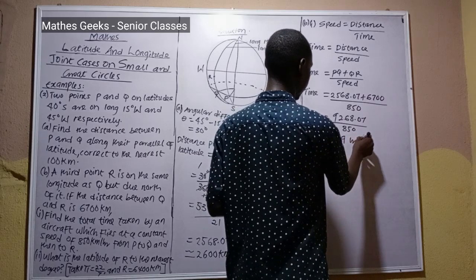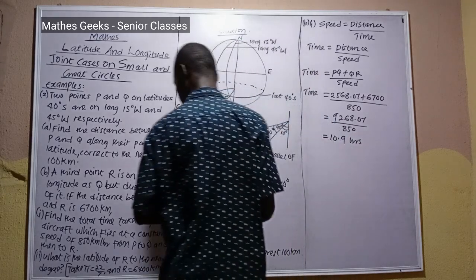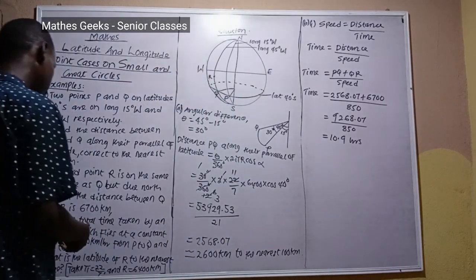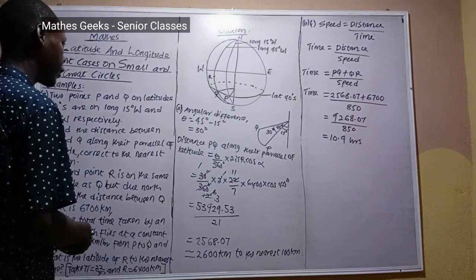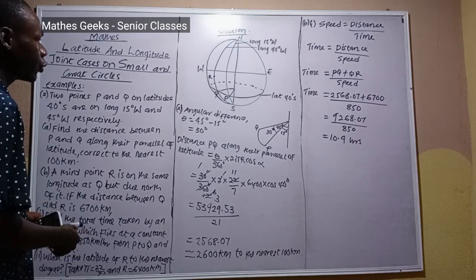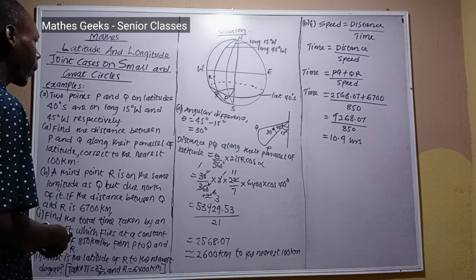That gives 10.9 hours. That's the time taken to fly from P to Q and then to R.